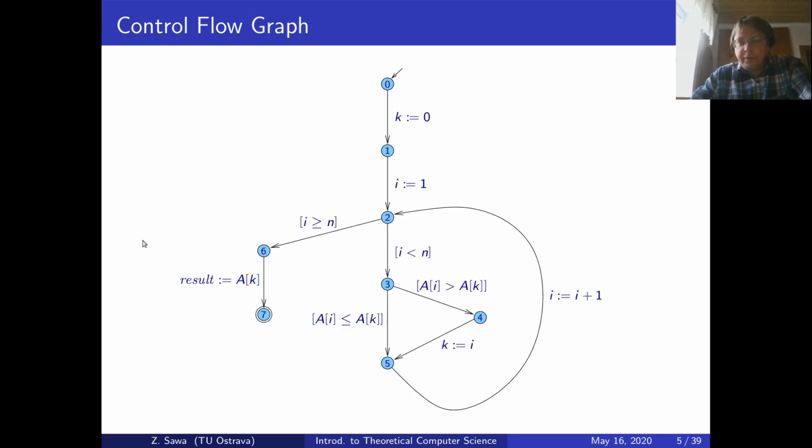There are many different kinds of control flow graphs, and we will consider one particular variant where the nodes of the graph are positions between instructions, before the first instruction and after the last instruction.